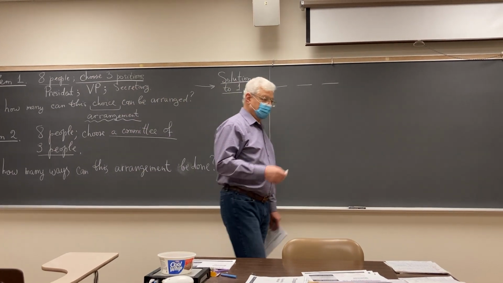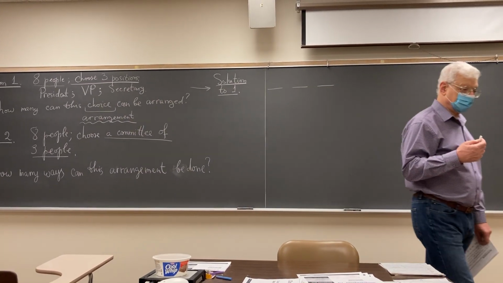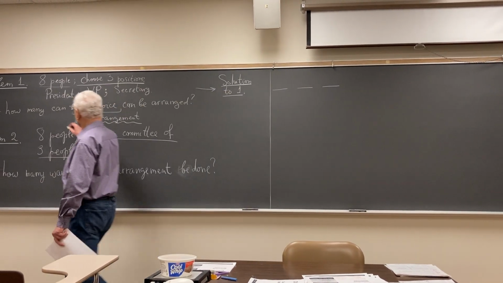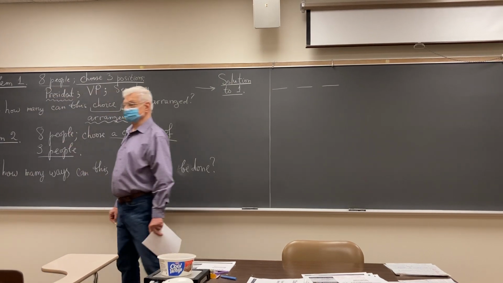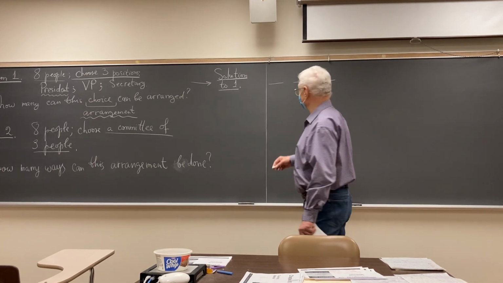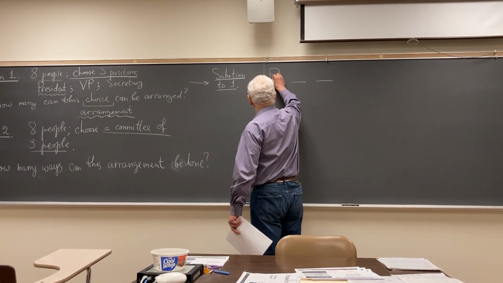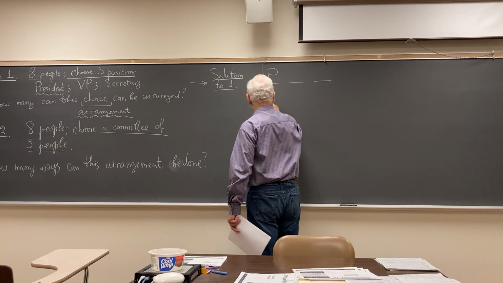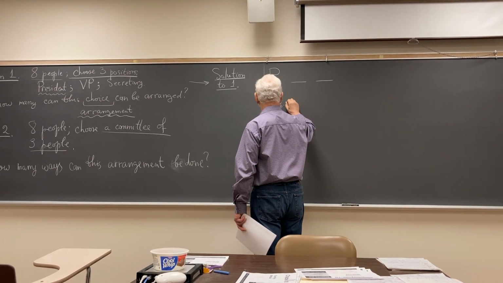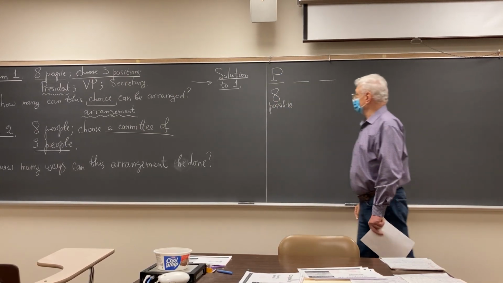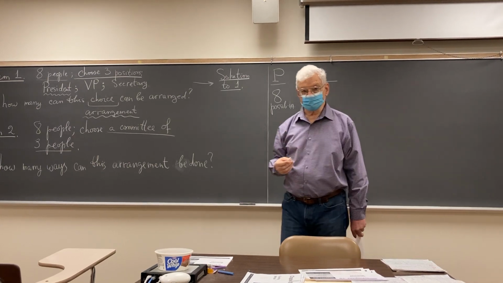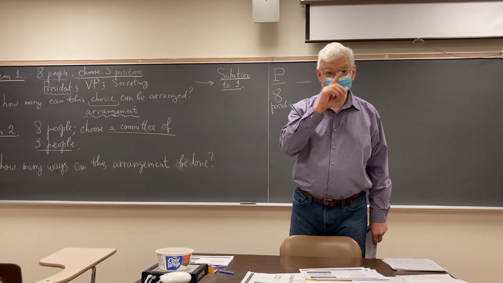So how many possibilities are there to choose the president first? 8 people, so 8. Let me write the letter P, president, 8 possibilities. Once the president is chosen, how many people are left over? 7.